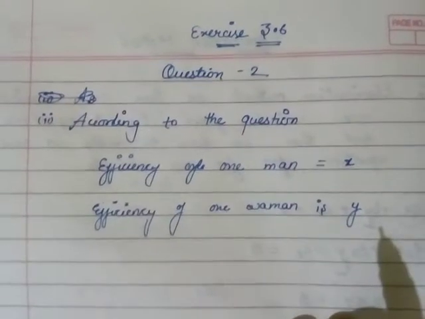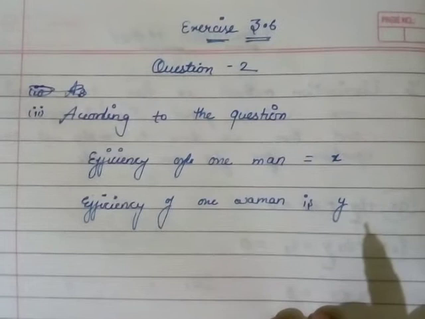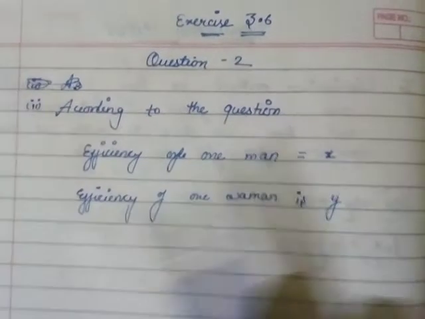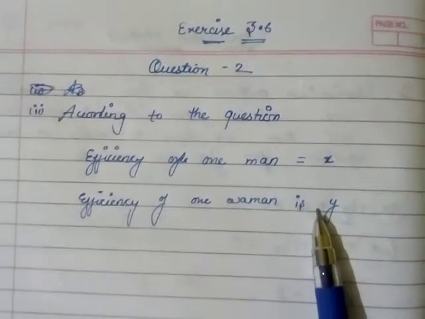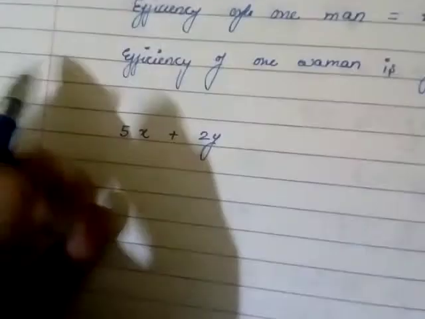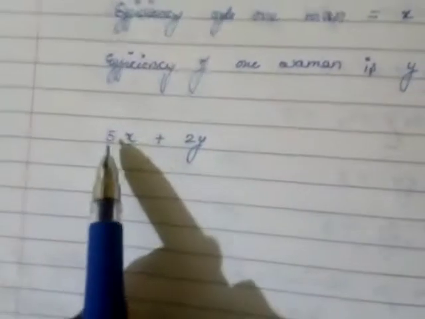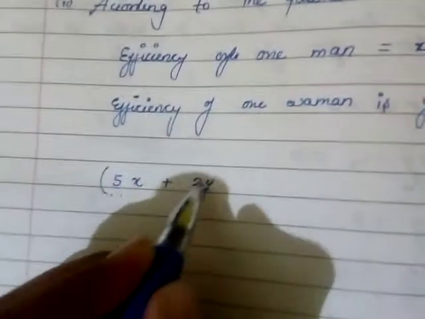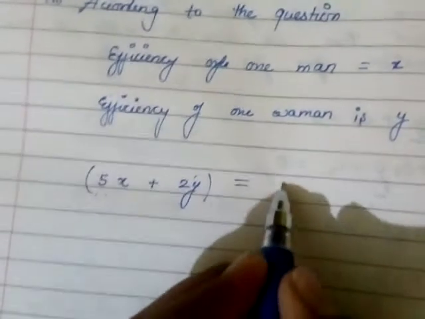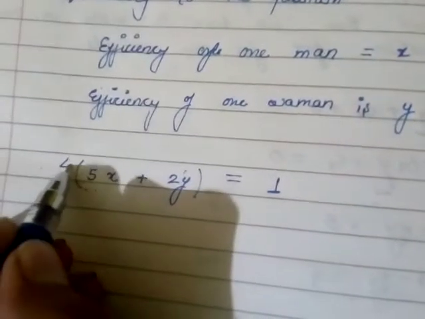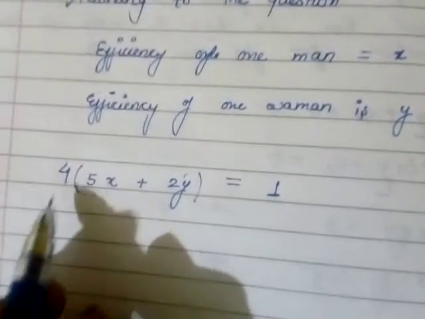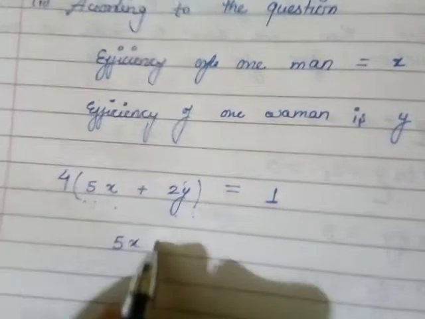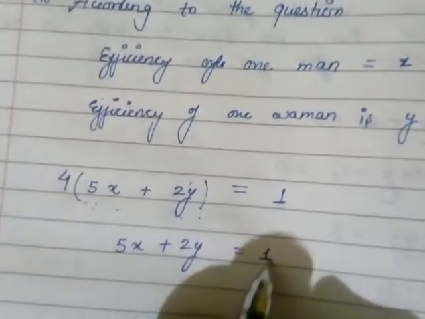According to the question, we suppose the efficiency of one man is x and the efficiency of one woman is y. Now, if five men and two women can finish the work in 4 days, then the one day work of 5 men and 2 women is 5x plus 2y equal to 1 upon 4.